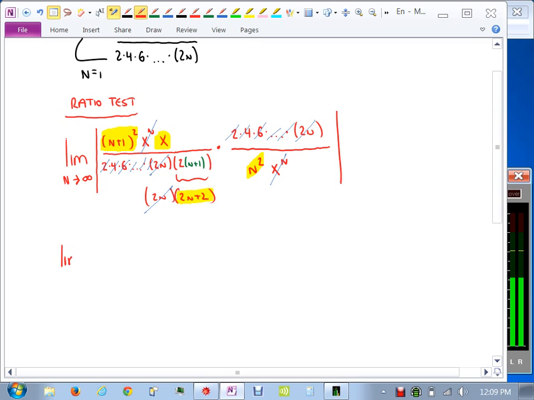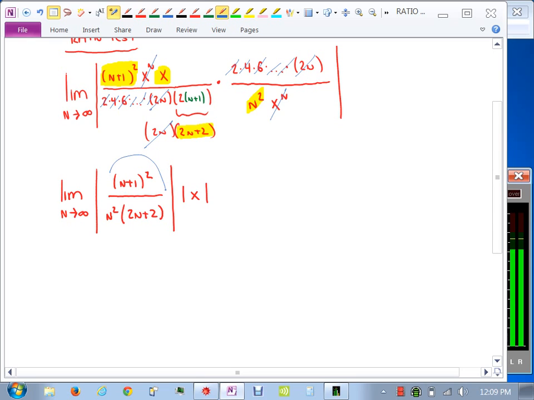So this limit, as n goes to infinity, I'll put all my n's together. I have n plus 1 squared over n squared times 2n plus 2. That okay? And what about my x? Absolute value of x?